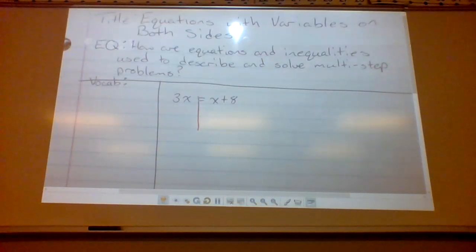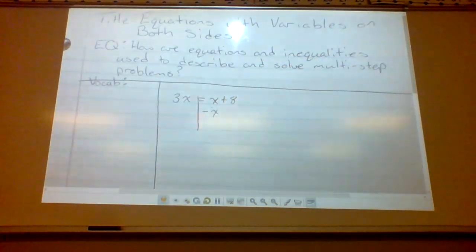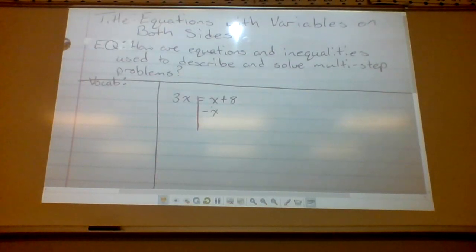So this is actually going to be very easy. You have a variable on the right, right? How many x's do you have on the right-hand side? 1. So let's take off 1x from the right-hand side. And our rule is what you do to the right, you also do to the left.